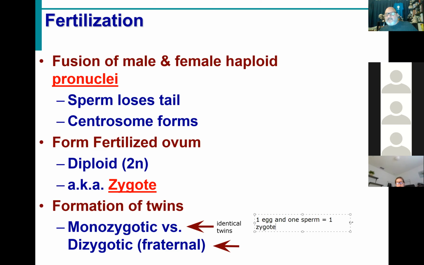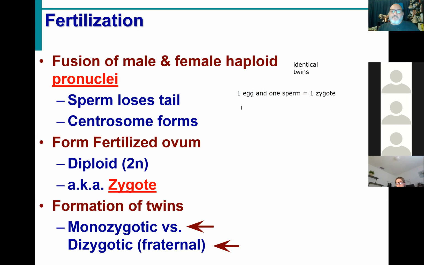However, with identical twins, what happens? Yeah, let's move these up here. As we are forming those blastomeres, the ball of cells splits into two balls of cells.